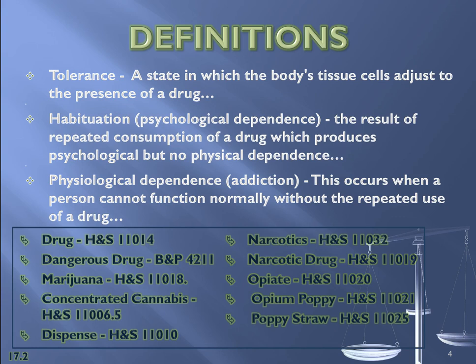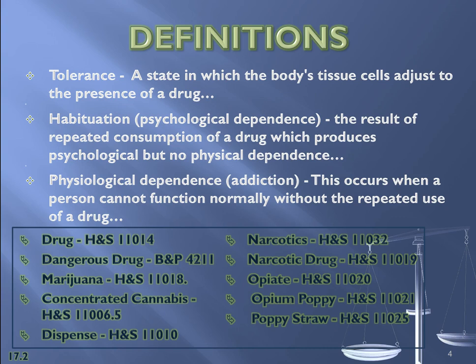C, substances other than food intended to affect the structure or any function of the body of man or animals. And D, substances intended for use as a component of any article specified in subdivision A, B, or C of this section. Now, wow, that's a lot of legalese, but that gives you the definition of what a drug is according to the Health and Safety Code.